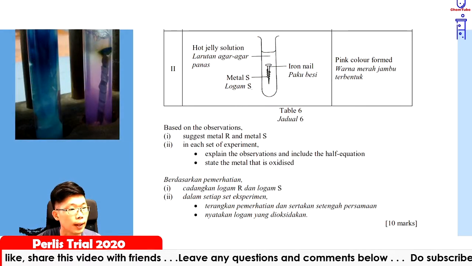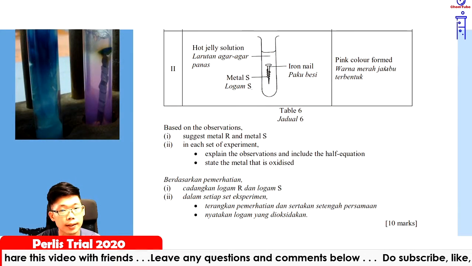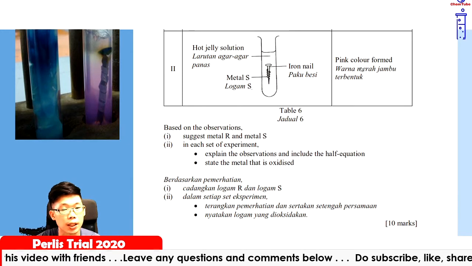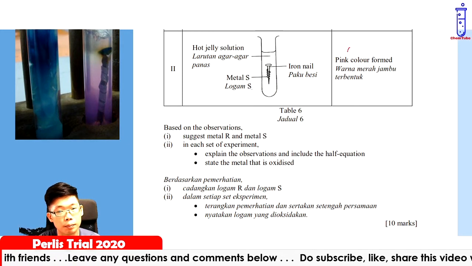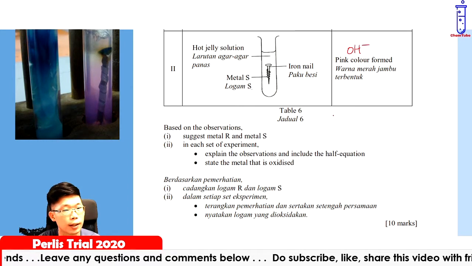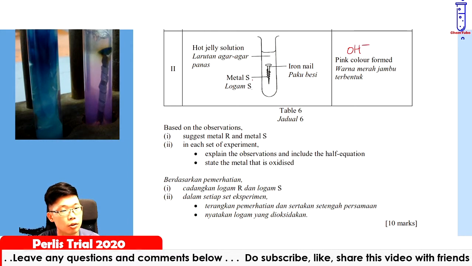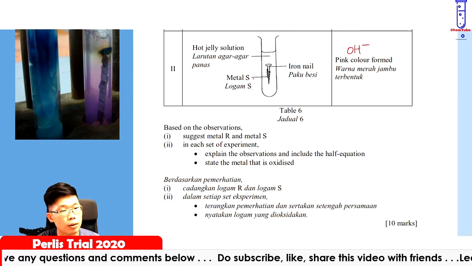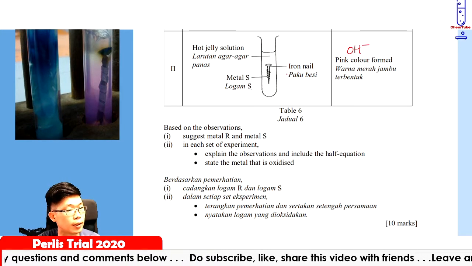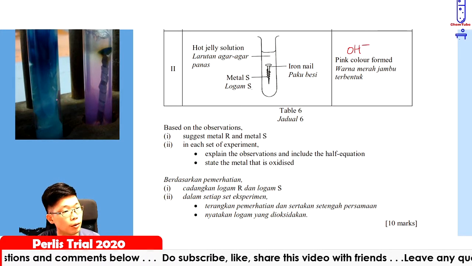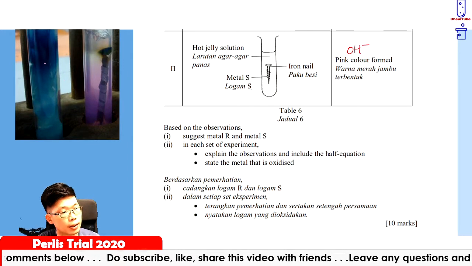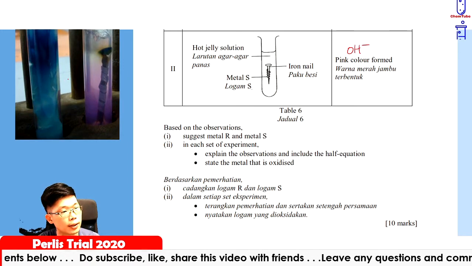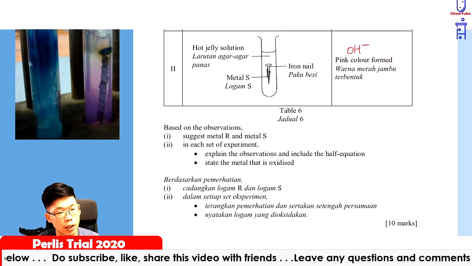Next, metal S with pink color means it is not rusted. No rusting occurs, so it forms a pink color, which means hydroxide ions are present. So metal S should be a metal higher than iron in the electrochemical series. If you have done these experiments, you will see this is the result: this is no rusting, and this one is where rusting occurs.